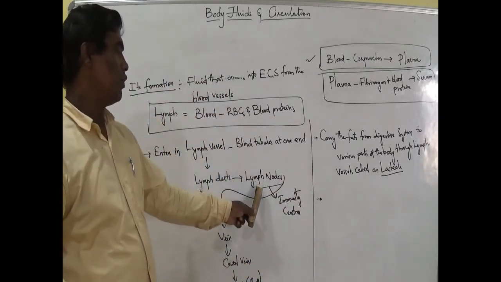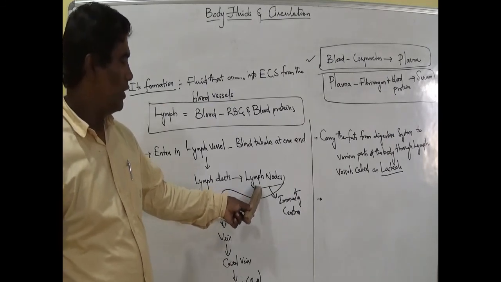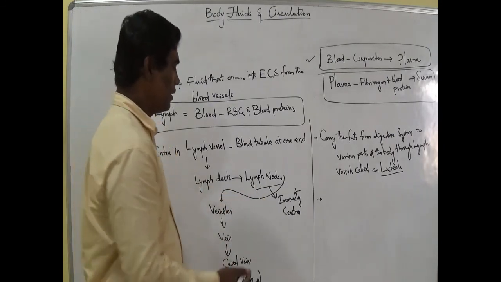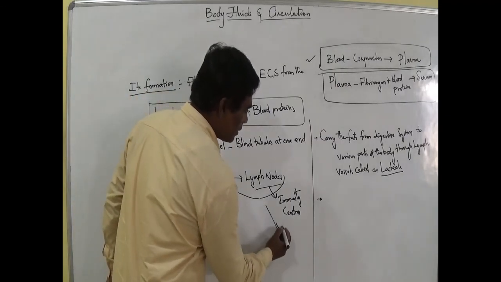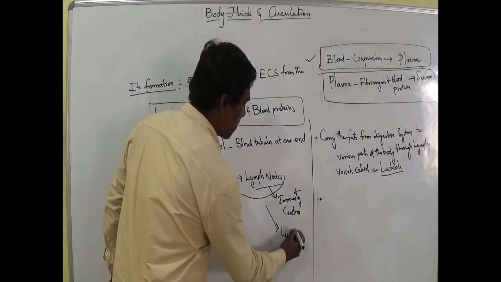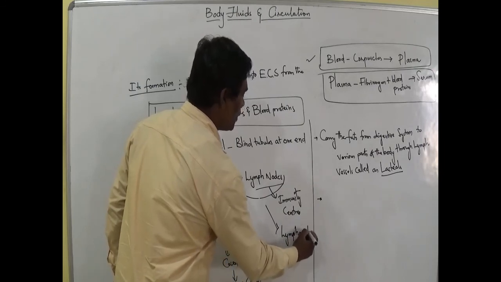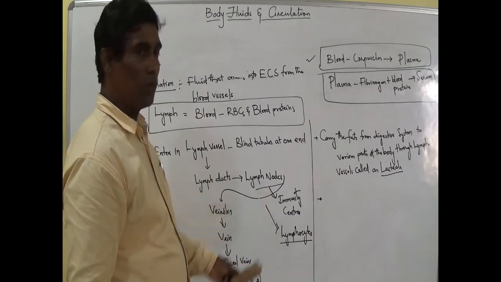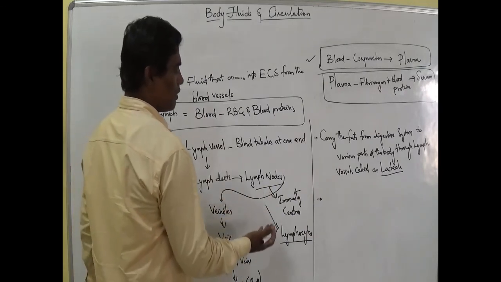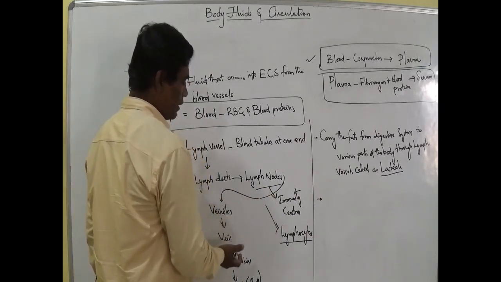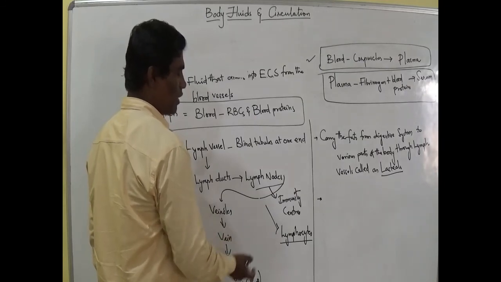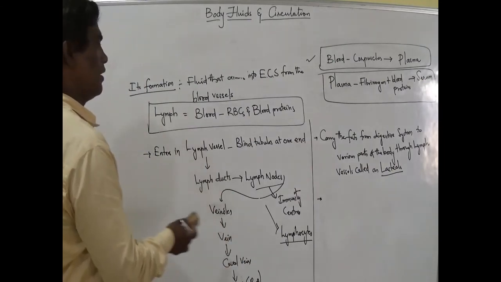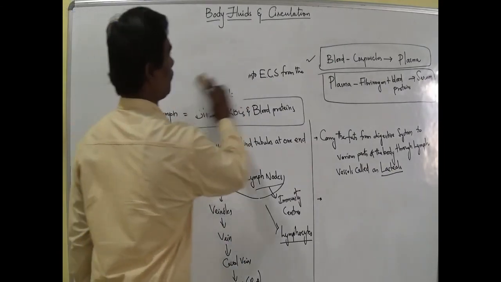Here the foreign microbes are destroyed by cells called lymphocytes. Lymphocytes are formed and matured in the lymph nodes, and before the lymph passes into the veins or venules or caval veins into the heart, it has to pass through the lymph nodes, where it is destroyed and purification takes place.